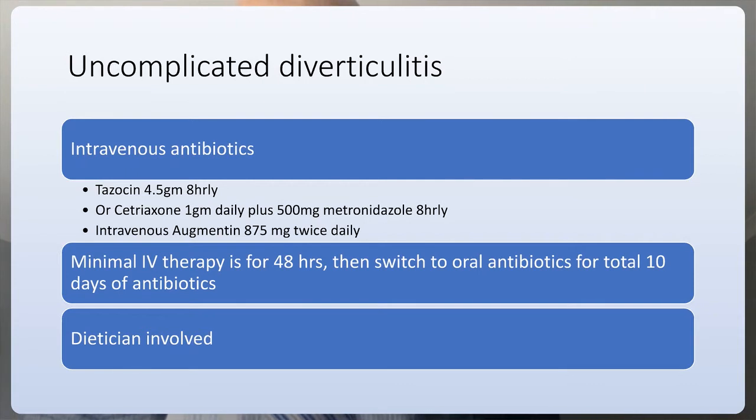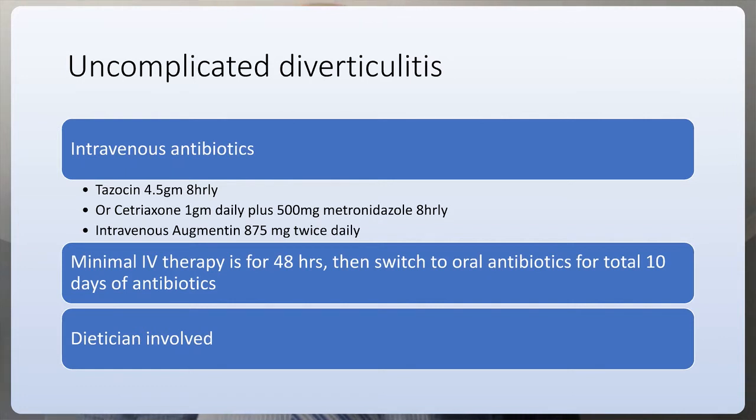My favorite antibiotic in this situation is tazocin, and it's given in the form of 4.5 gram 8 hourly. The dose might need to be adjusted according to the renal function of the patients, but the majority of people will have normal renal function and will have that dose of tazocin.